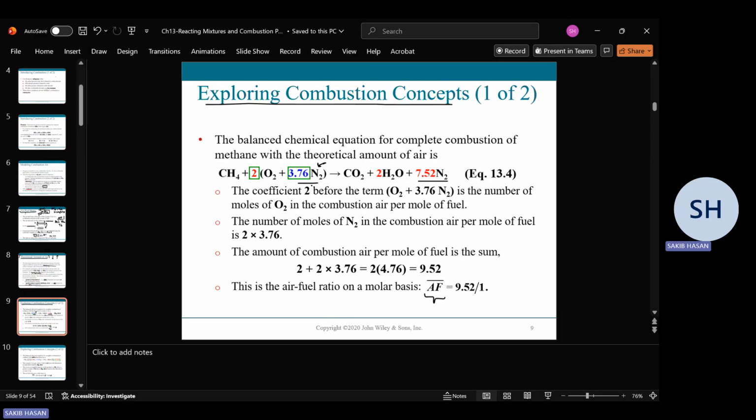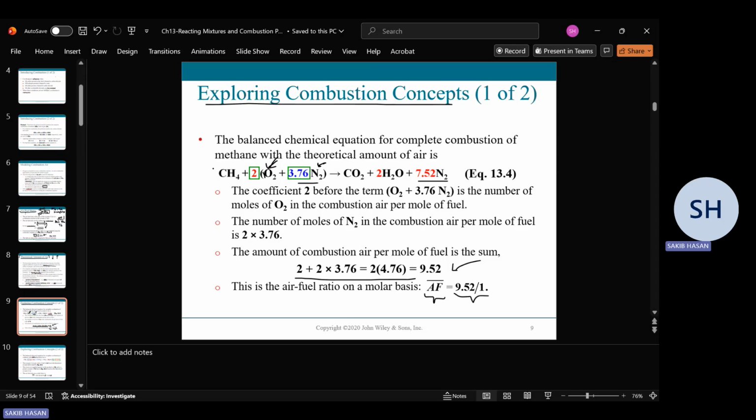The total number of moles of molecules within the air, you can only determine by first determining the amount of oxygen that you have to pull in, and then because we know that for every 1 mole of oxygen there's going to be 3.76 moles of nitrogen, you can do a simple calculation like this, get the amount of moles, and then plug it into this formula.